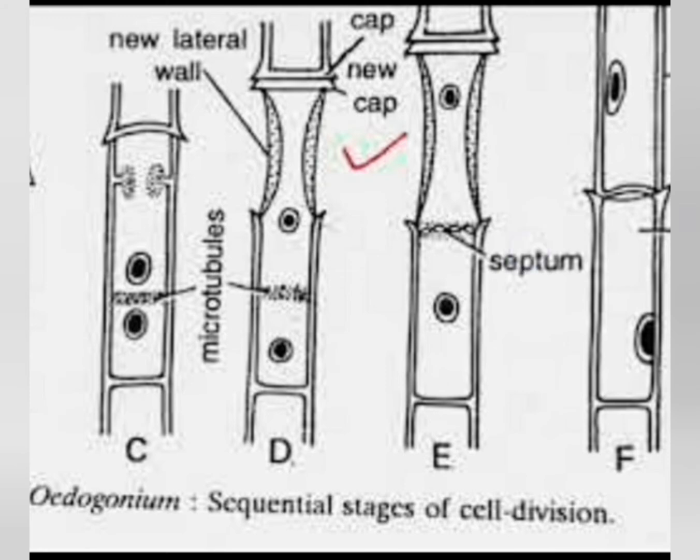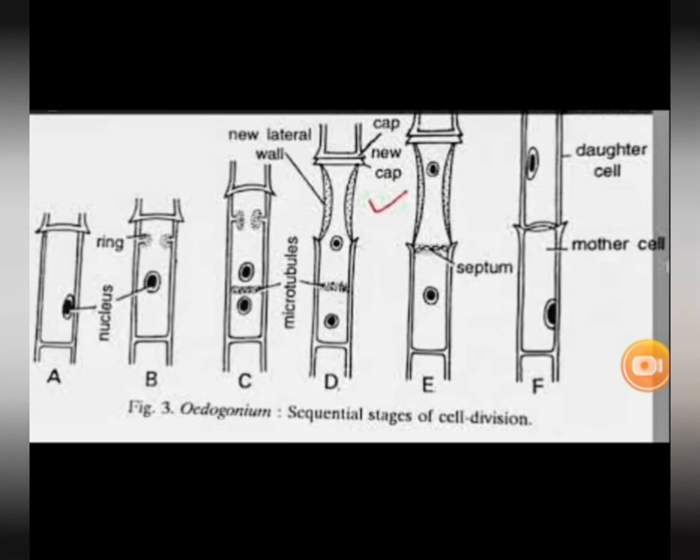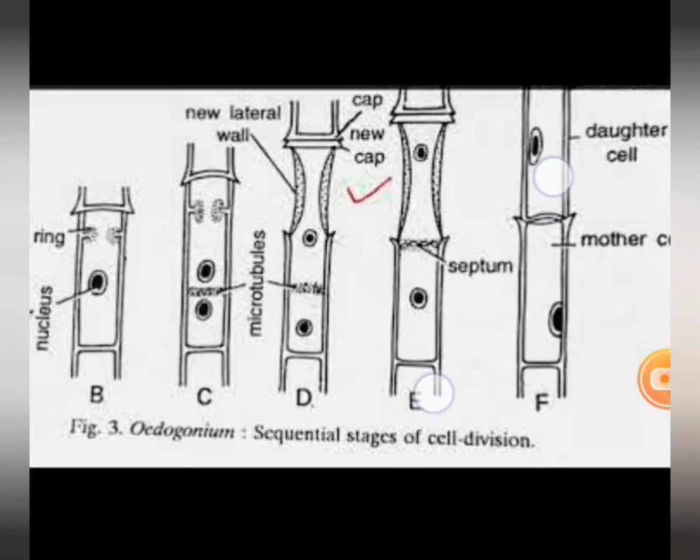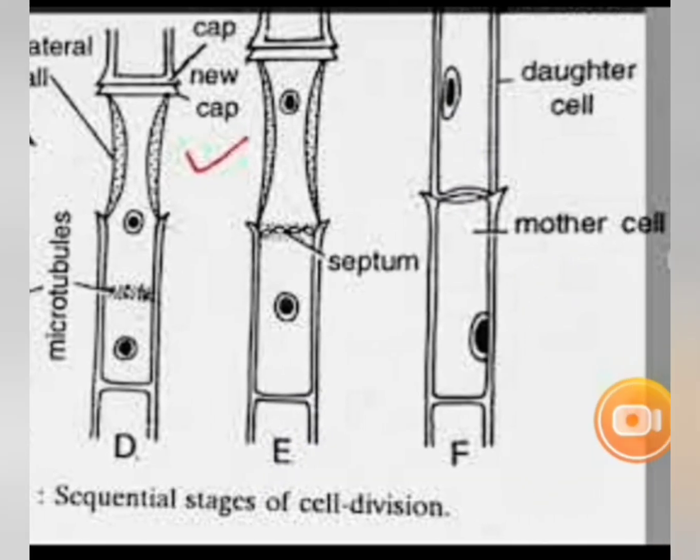And later on, what happens to the septum? You can see the mother cell and the daughter cell here. The newly formed cell is referred to as the daughter cell.